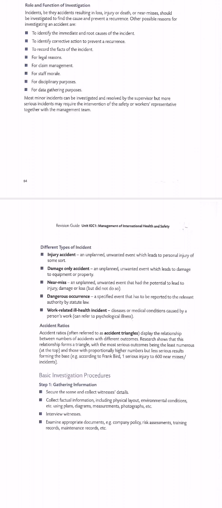This is also an unplanned or unwanted event which leads to damage to equipment or property, right? So damage can refer to property or equipment, whilst injury is for human beings. Then near miss, it means an unplanned or unwanted event that had the potential to lead to injury or damage or loss.